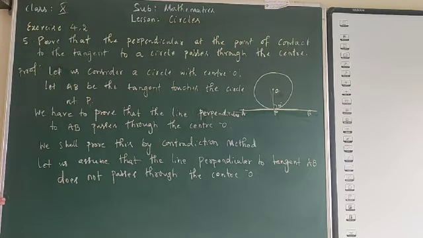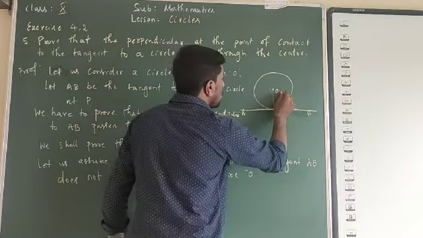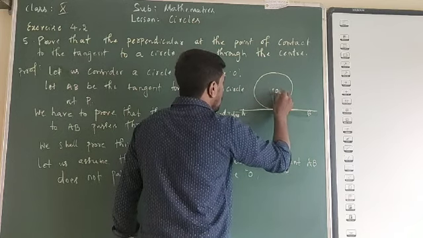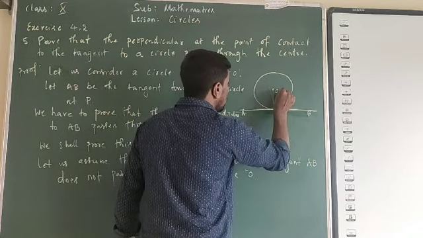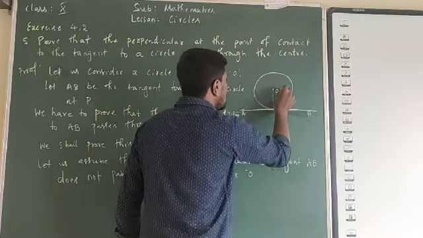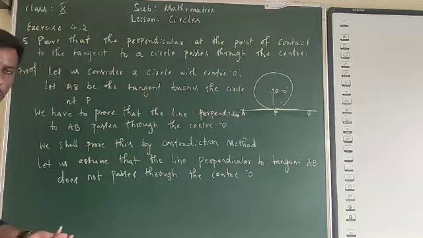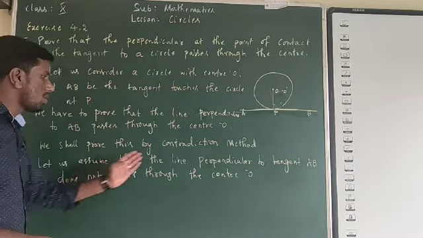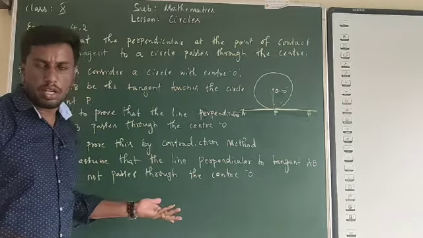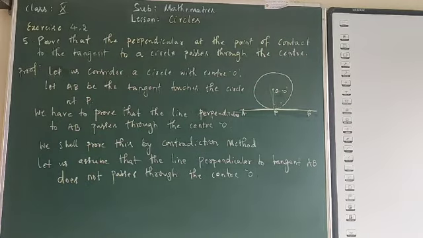So it does not pass through the center O, in the sense that it actually passes through some other point. You may say that it passes through O dash. It does not pass through O, it passes through O dash. Okay? So we'll write: let it pass through another point.